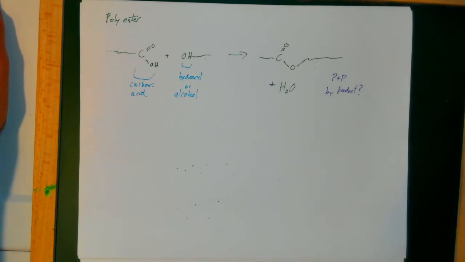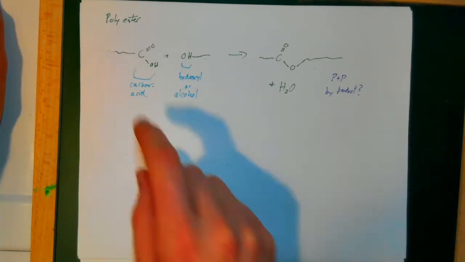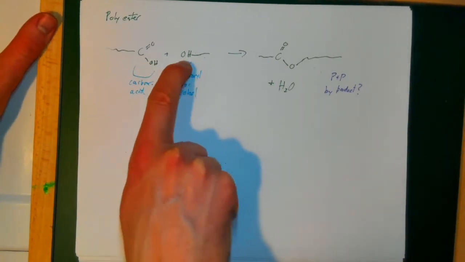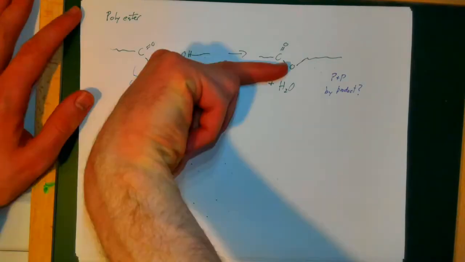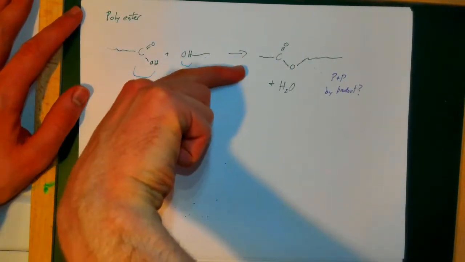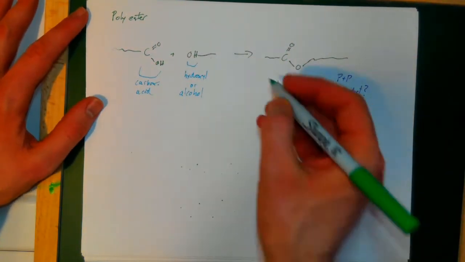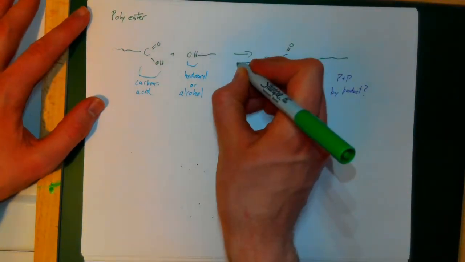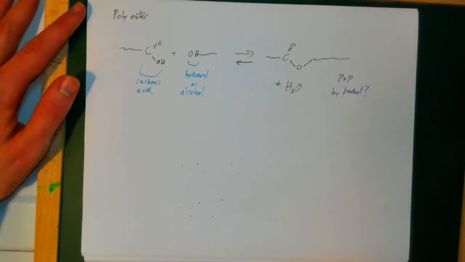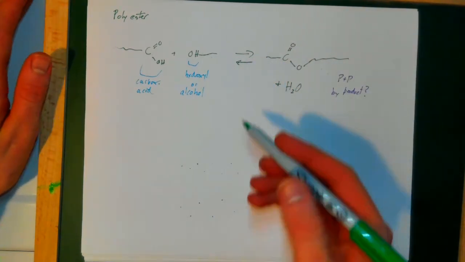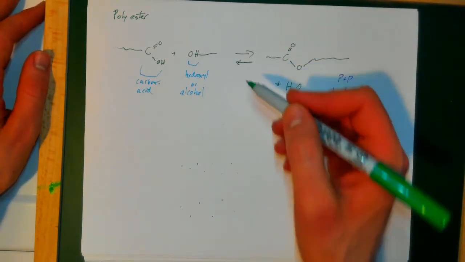So one interesting thing about polyesters is no chemical reaction is a complete one-way street, right? The forward reaction is very strong, but we also have a reverse reaction happening too, right? There's a K forward and a K backwards.